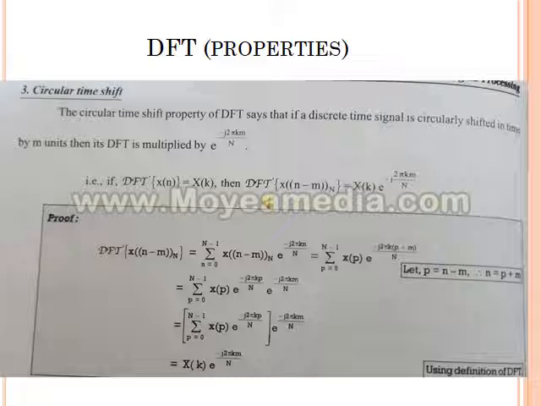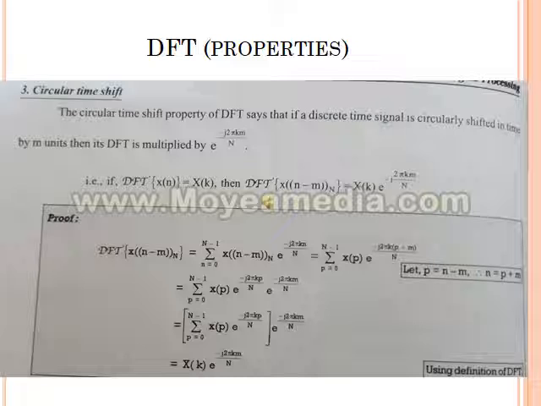Then the resultant DFT becomes X[k] multiplied by e raised to the power plus j 2 pi km by N. The proof of this: we want to take the DFT of x[n minus m], that is circularly shifted by m samples. Then its DFT is given by replacing x[n] with x[n minus m] in the basic expression.